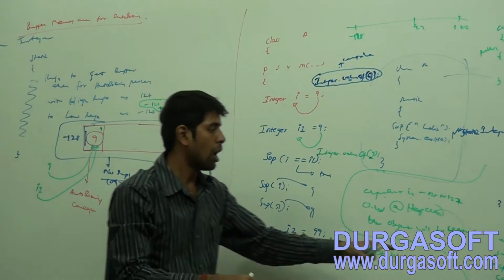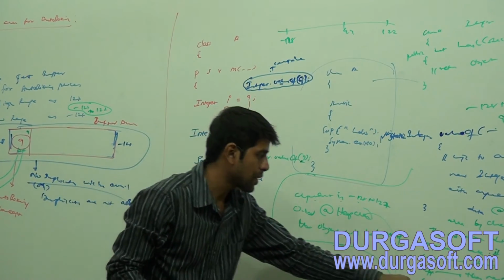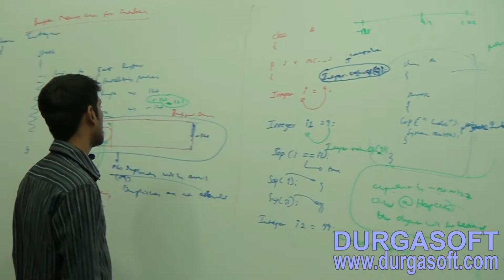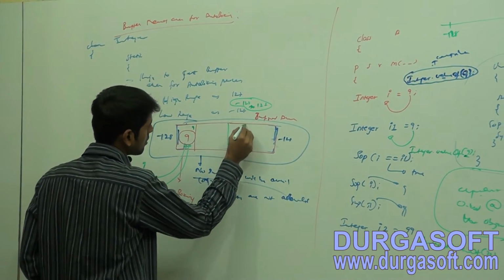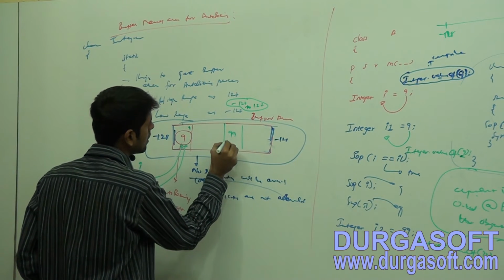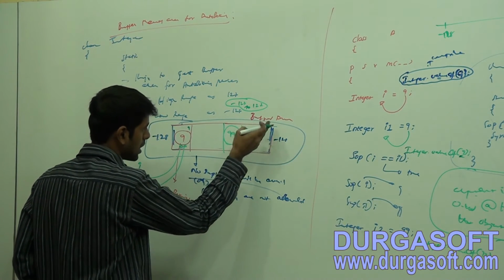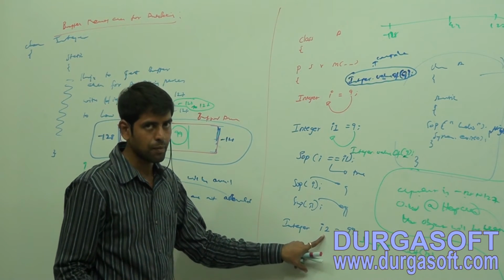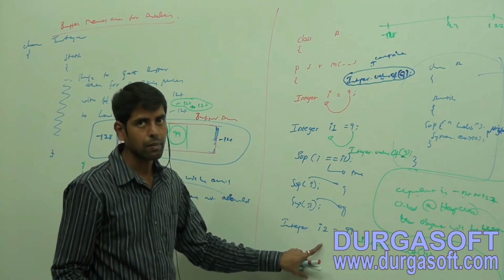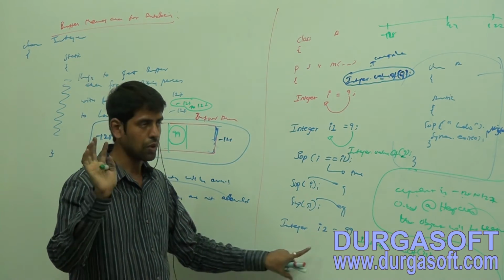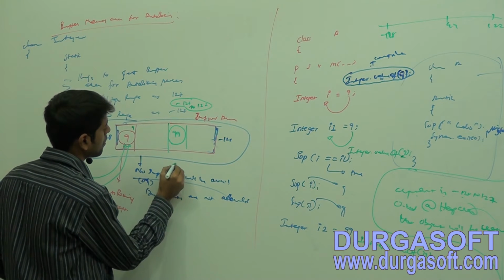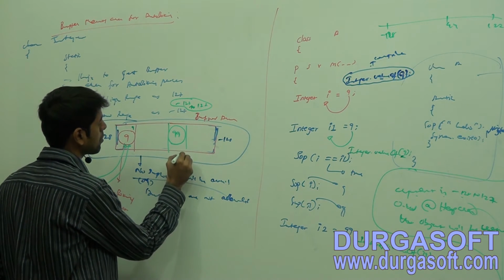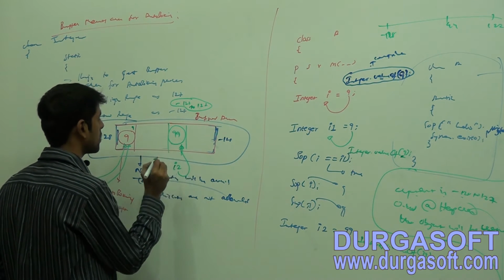So now the object will be created at the buffer area only. Let it be at some place. At the buffer area an object has been created. That object will be referred to by the I2 reference variable.